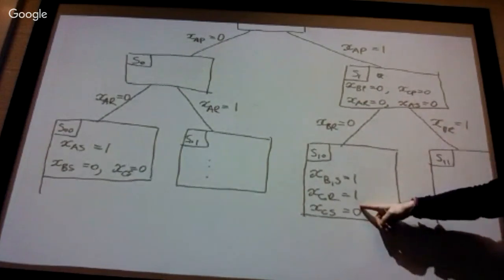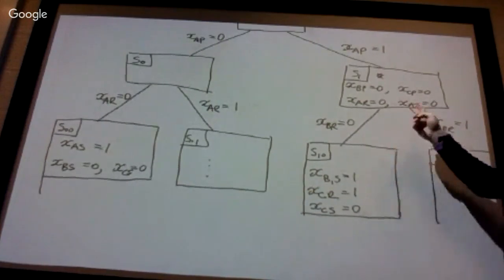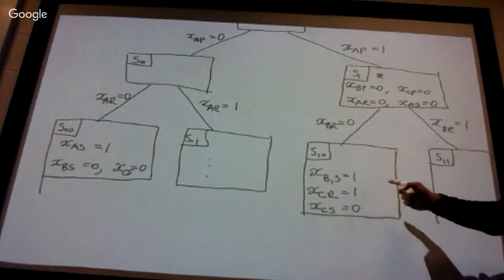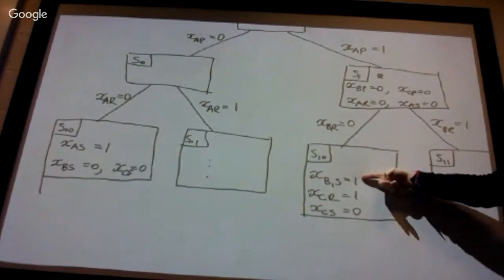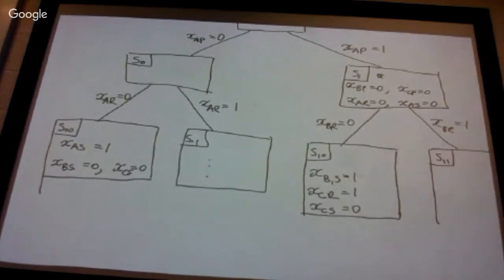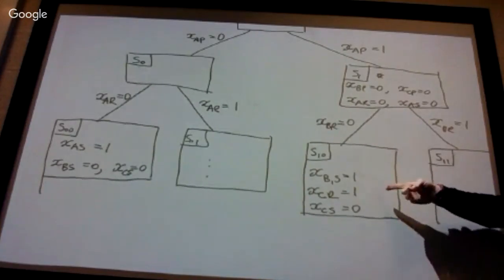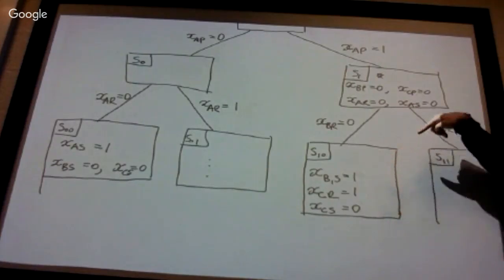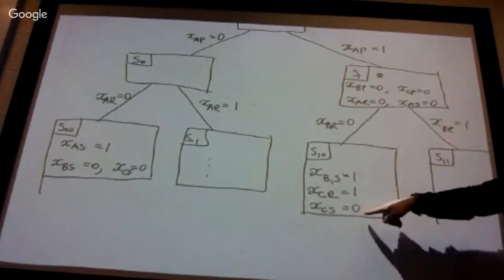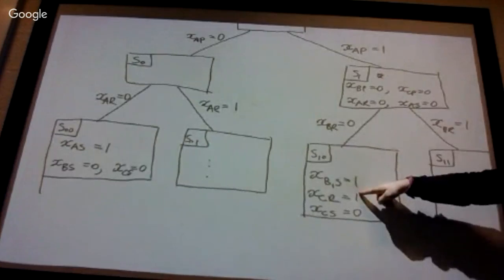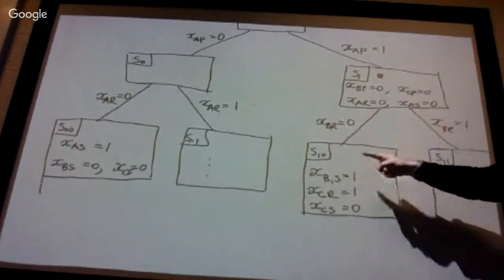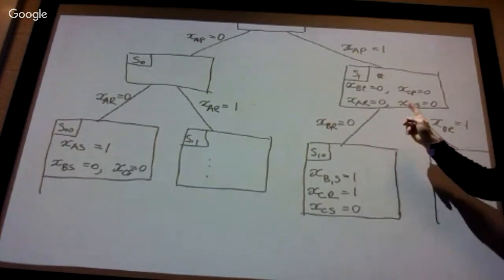XCS has to be 0 because exactly one of the something S's has to be 1, and that's already the XBS. And what else? XCR has to be 1 because XC something has to be 1. And XCP is 0, and XCS is 0, so it has to be XCR, which is 1. So now we already know all the values of the decision variables.